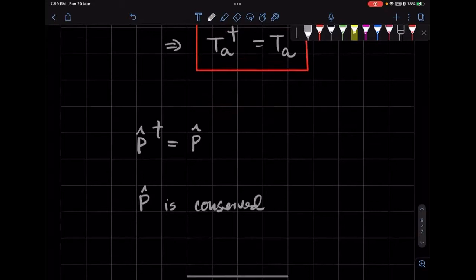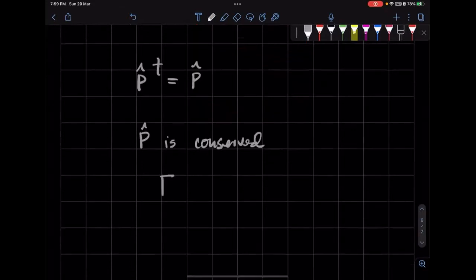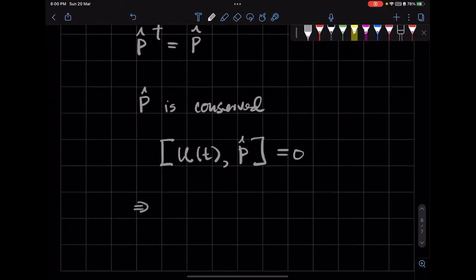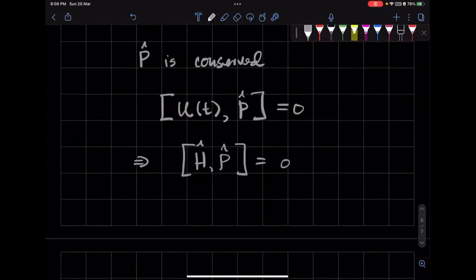What does that mean? That means that under time evolution, momentum doesn't change, so this is 0. This implies, if your Hamiltonian is time-independent, that H commutes with P.